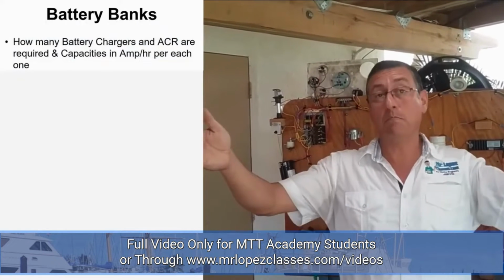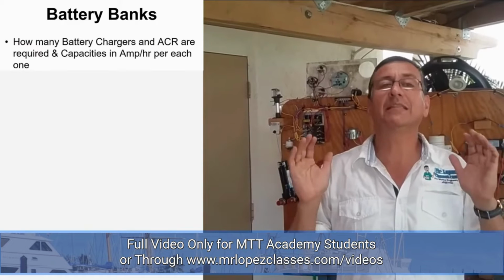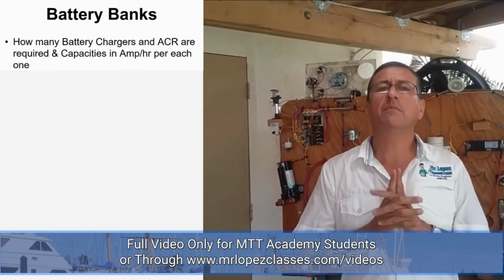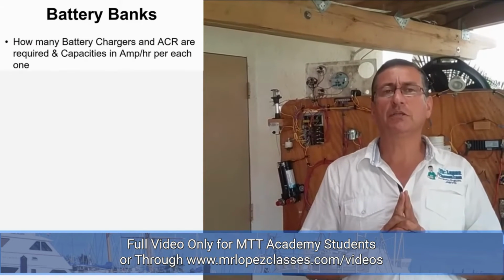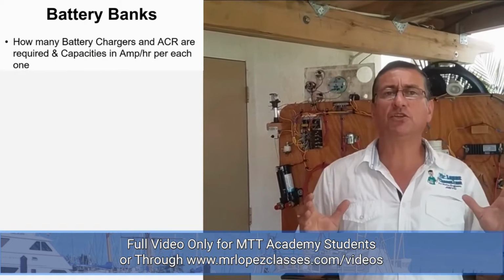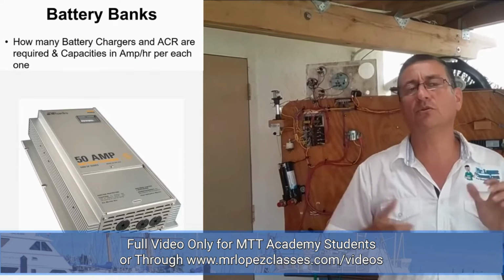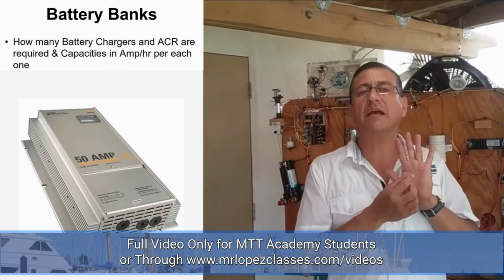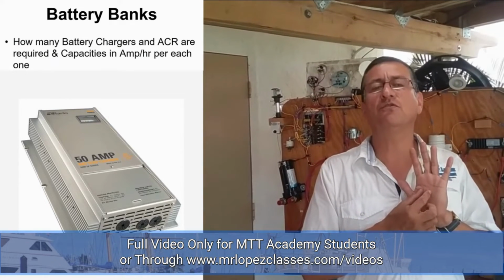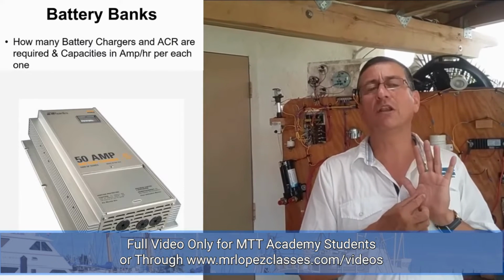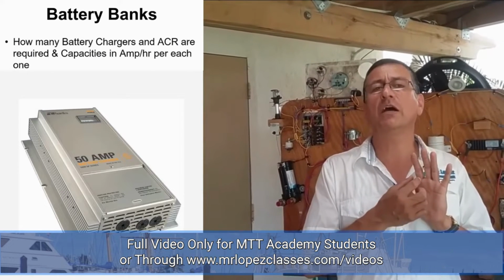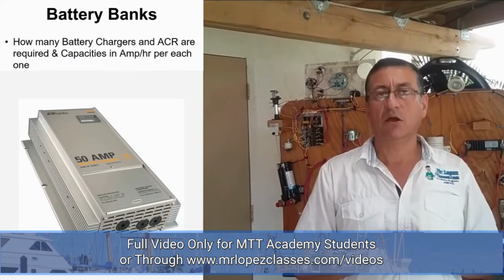How many battery chargers depends on the amount of battery banks and the type of battery banks. Remember that the majority of marine battery chargers have in the back, like in the picture on the screen, the option to change for AGM, lead acid or gel.